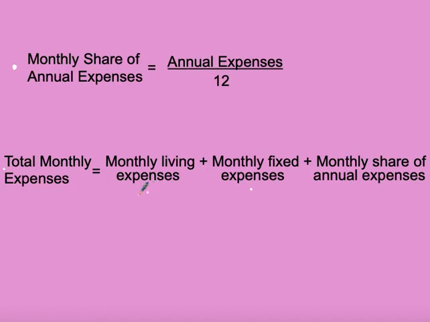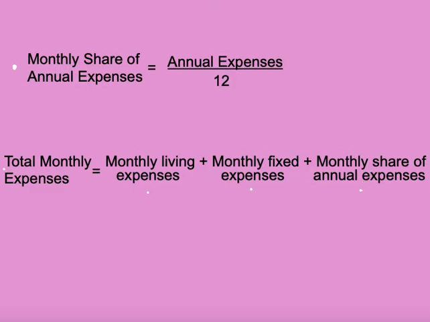Now those are usually those big ticket items, your car payment, your student loan payment, your rent, your mortgage payment. And then finally, we want to add into our total monthly expenses the monthly share of those annual expenses so that we created a budget that we won't go over and spend too much money.